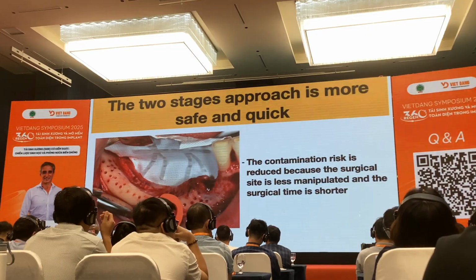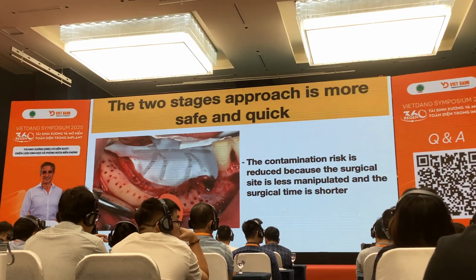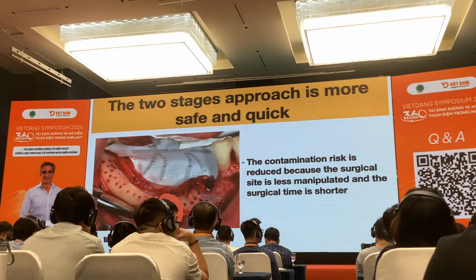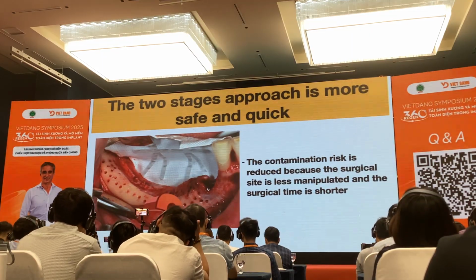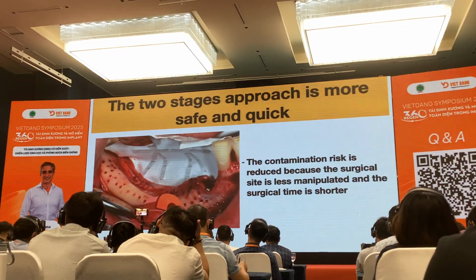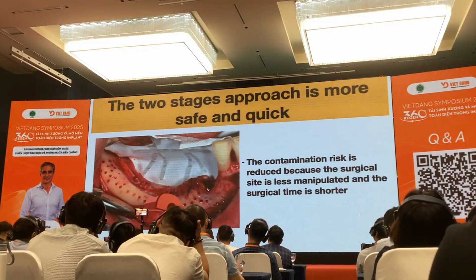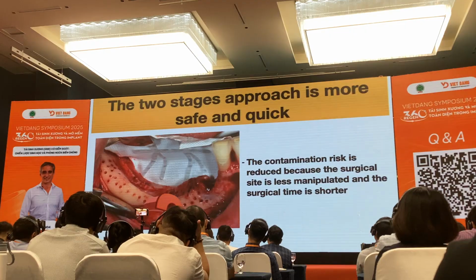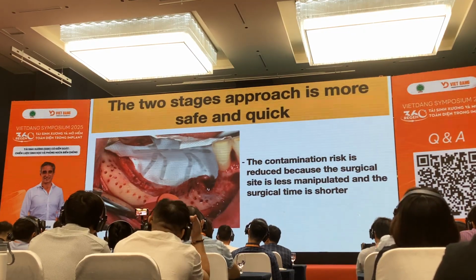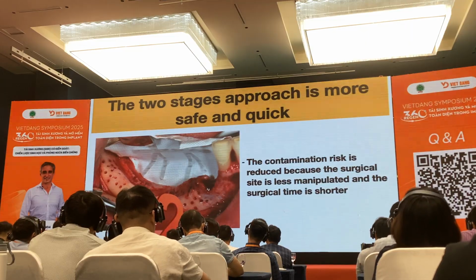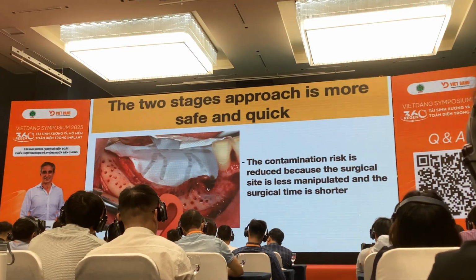And so in a short time, I complete the surgery and the risk of infection and related complications is limited. So this is the analysis of the one or two stages approach from different points of view.